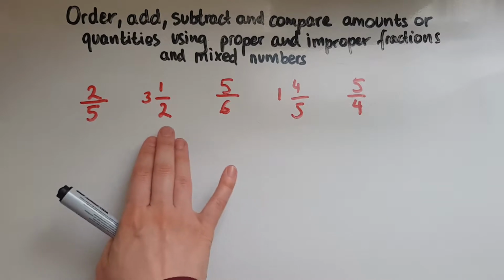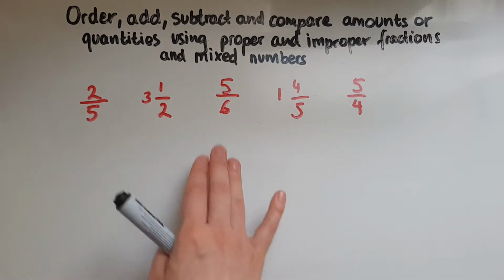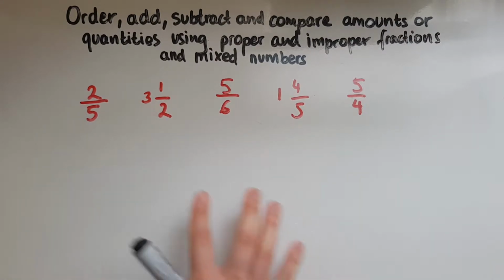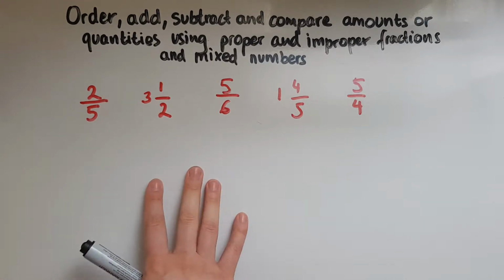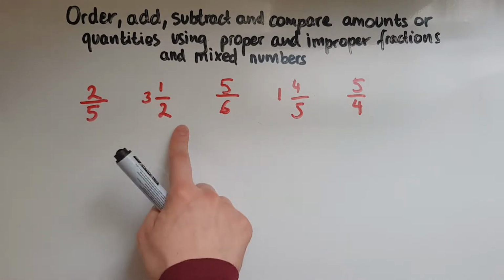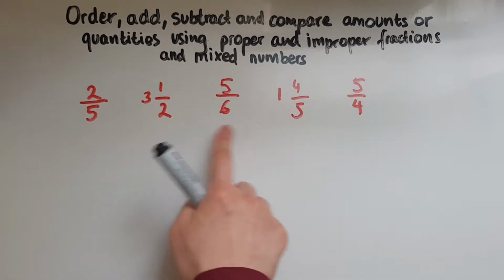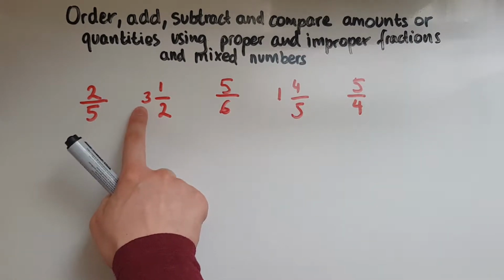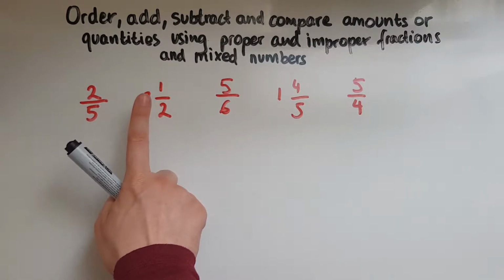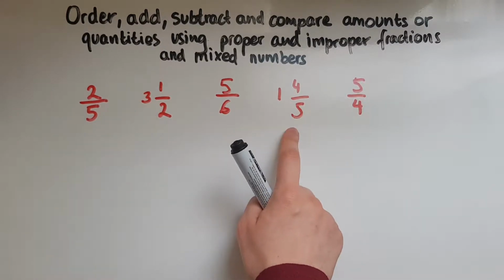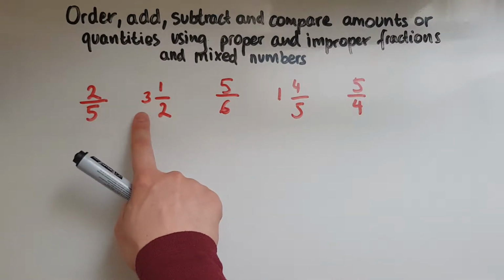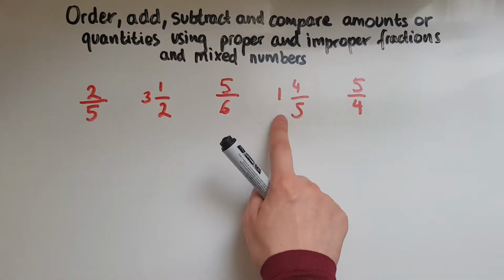But I'm thinking I could sort these out and place them here as well without doing any calculations yet. So we've got 3 and 1/2 and 1 and 4/5. That immediately tells me that the whole number in front tells me that this is bigger than this, because it has 3 whole ones already, whereas this is less than 2.